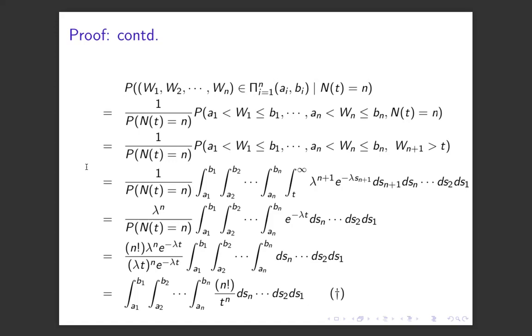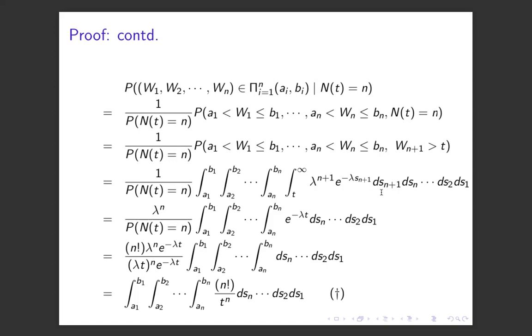Now, in this lambda to the power n plus 1, just keep one lambda here and bring the lambda to the power n outside. Then you will have lambda times e to the power minus lambda s(n+1) ds(n+1). This integral can be easily evaluated, and that is precisely e to the power minus lambda t.